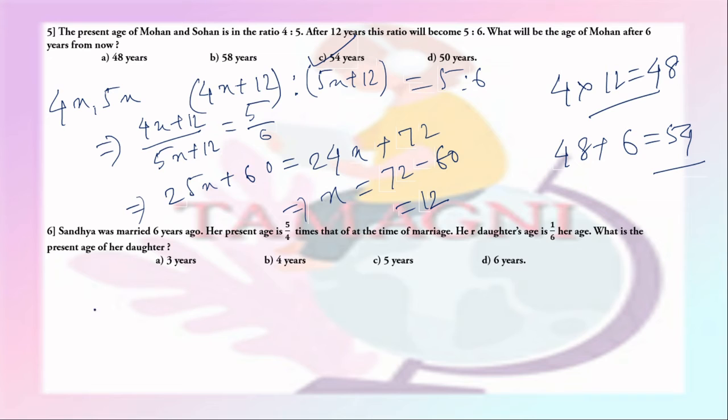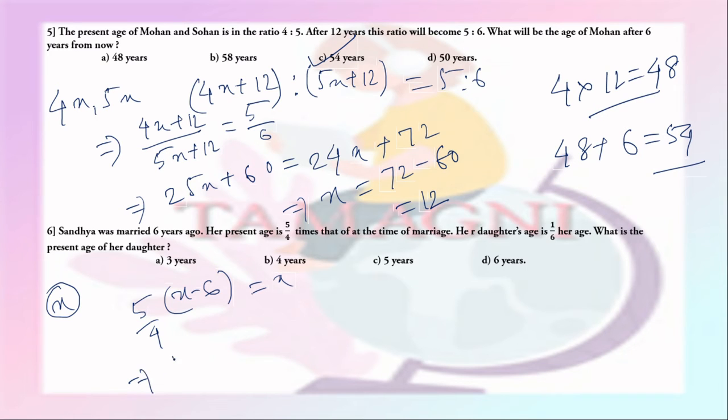If we assume that the present age of Sandhya is x, then 6 years ago her age will be x minus 6. Now it is given that her present age is 5/4 times her age at the time of marriage. So 5/4 of this number will be equal to x, which is the present age.